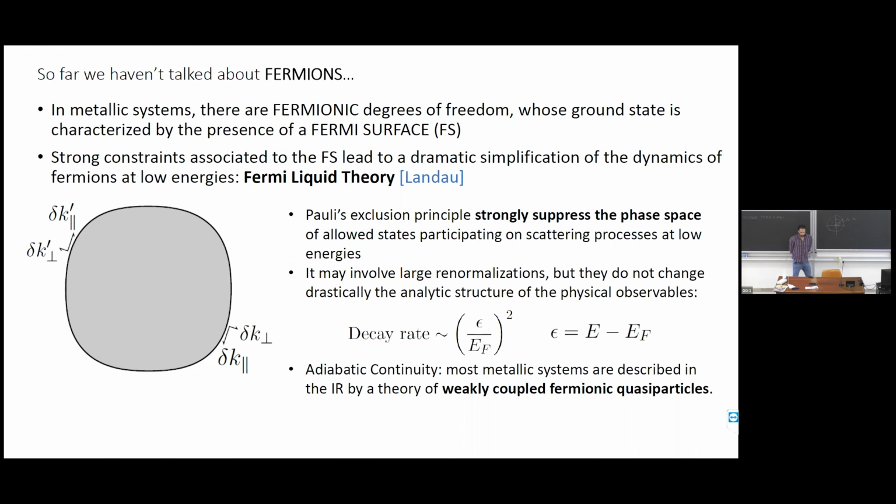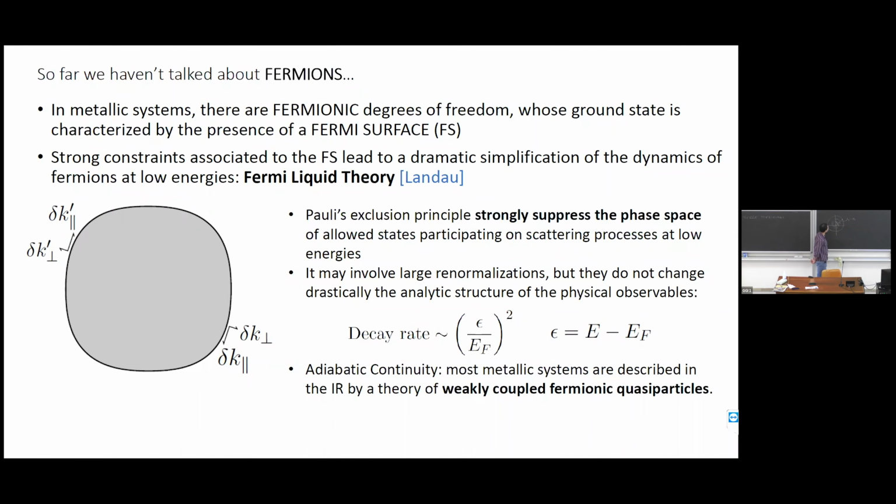But this scale is usually huge. So the main outcome of this simple picture is that the states living deep inside this volume are effectively frozen. It's really expensive to promote one from here to an analogous state out of this volume.